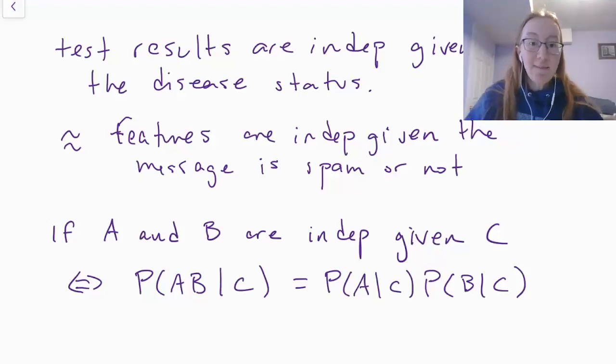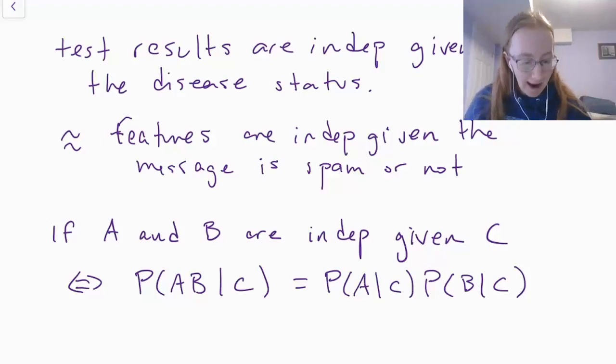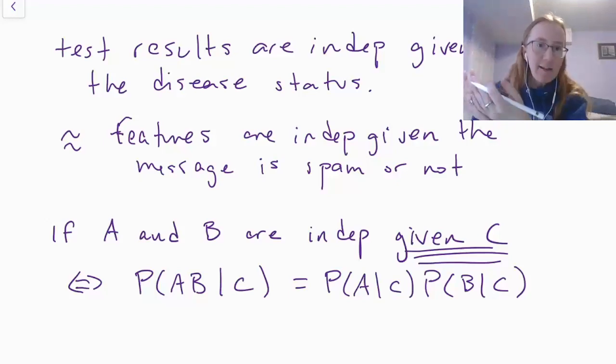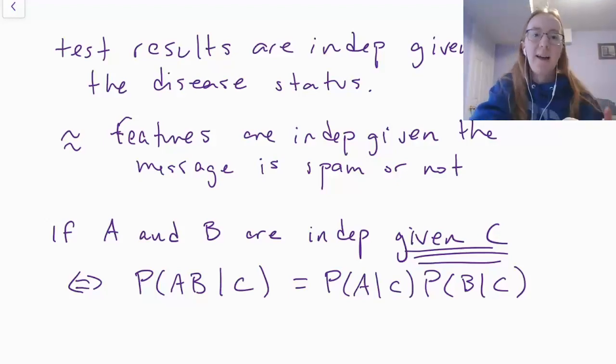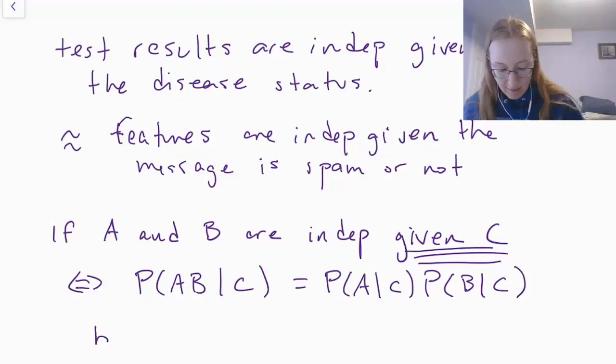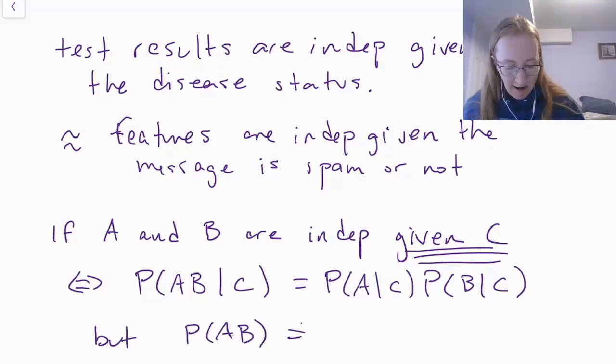This is just the same definition as independence, but now everything is conditional on C. So the probability of A intersect B conditional on C is equal to the probability of A conditional on C times the probability of B conditional on C. It does not mean, though, that A and B are independent. So P of AB is not equal to P of A times P of B.